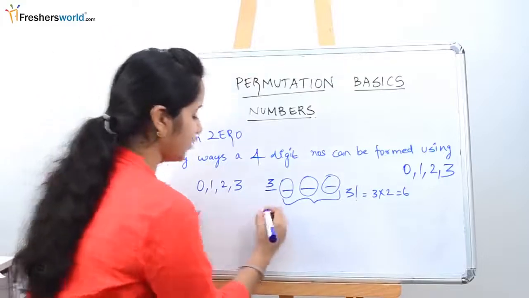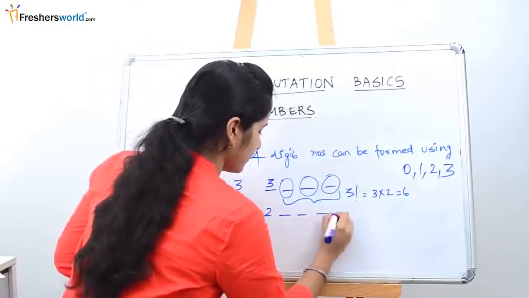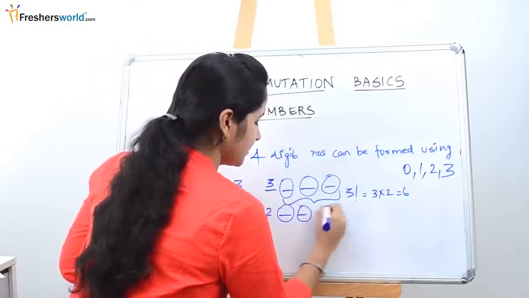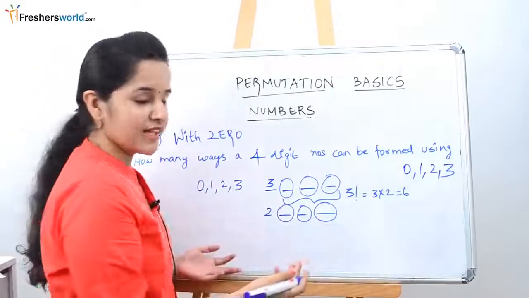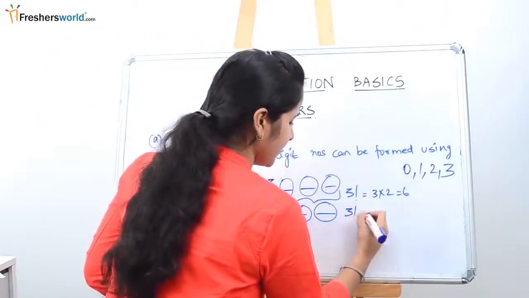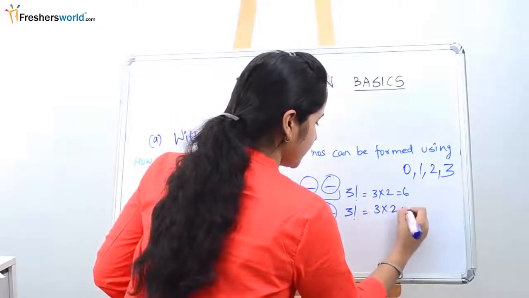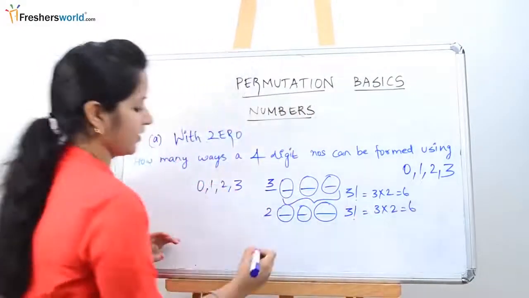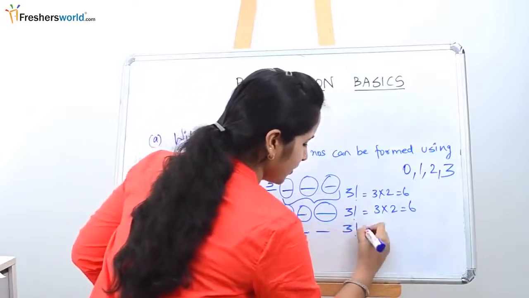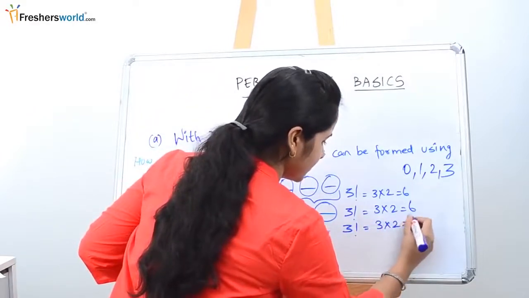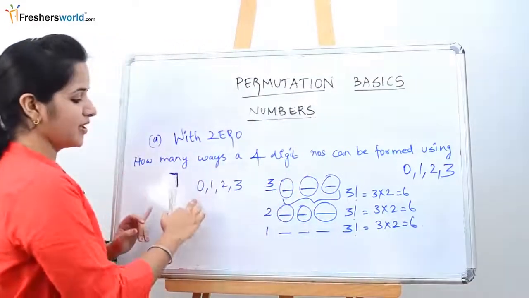Next, let's consider 2. The remaining 3 places are there. In how many ways can the other 3 numbers be used there? 3 factorial ways, which is 3 into 2, 6. Now let's consider 1. Similarly for 1, it can be formed in 3 factorial ways, which is 3 into 2, 6. Now we come to 0.